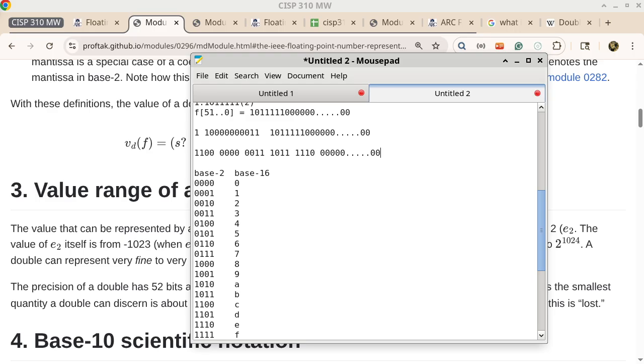Now we can look up the table: this is C, this is a 0, this is a 3, this is a B, and this is an E, and the rest are all zeros. Do we understand the conversion from base 2 to base 16? Groups of 4 converted, group of 4 converted, and so on. There's no division involved.